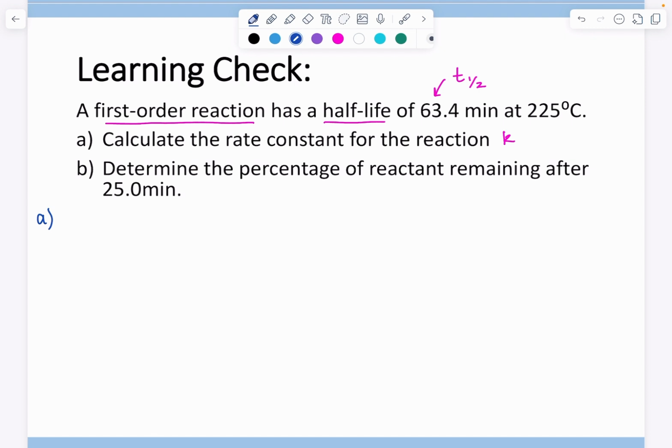Because we are given half-life, if we go back to the first order equation for half-life, half-life is equal to natural log of 2 over K. So finding K is actually pretty easy. K is equal to the natural log of 2 divided by the half-life.